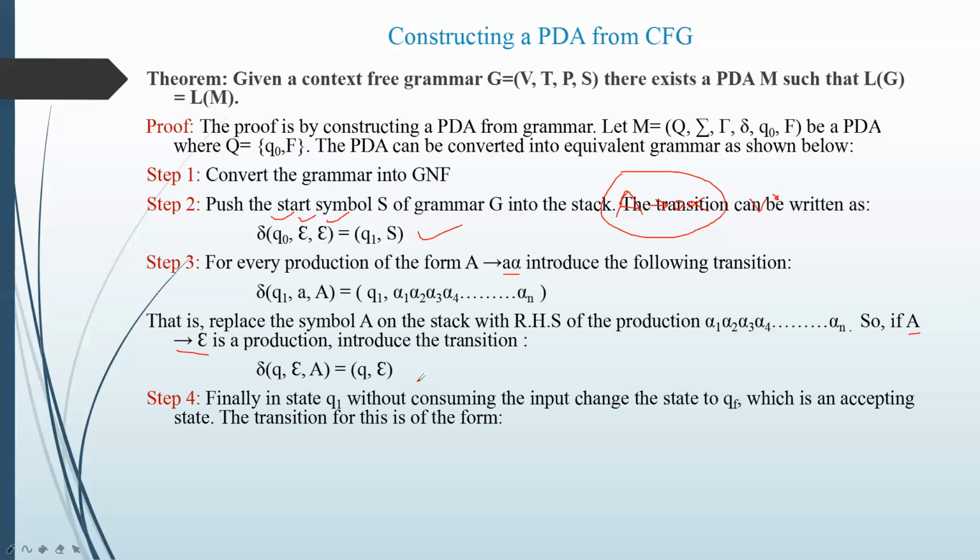Finally, in state q1, without consuming any input, change the state to the final state qf, which is the acceptance state. The transition for this is of the form δ(q1, ε, ε) = (qf, ε). When the input is empty and the top of the stack is empty, change the state to the final state qf, and the contents of both are empty.